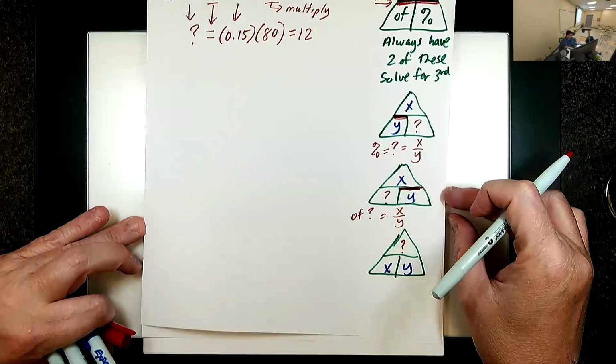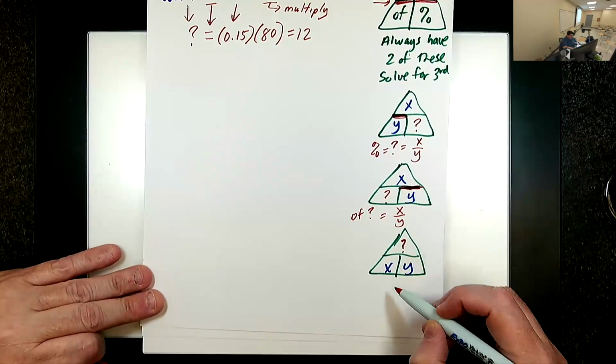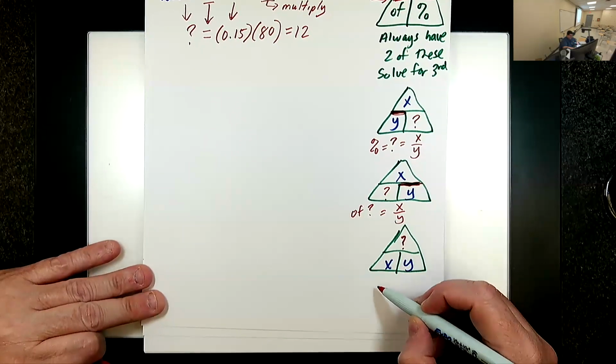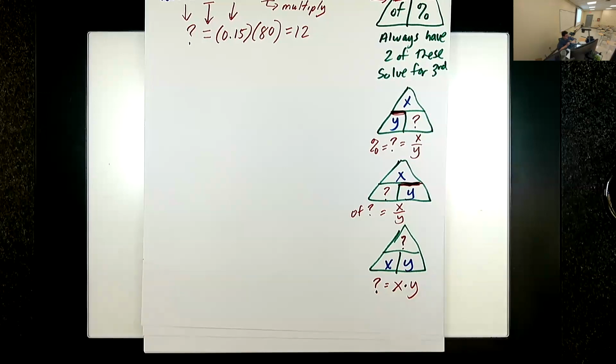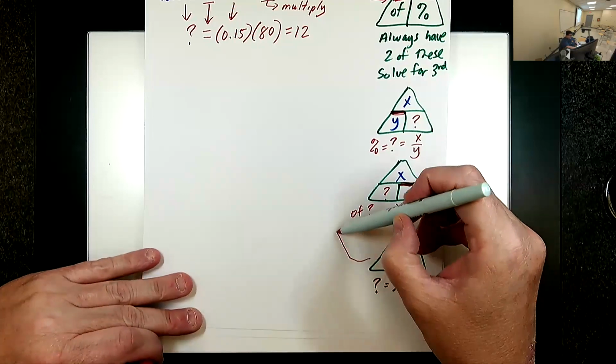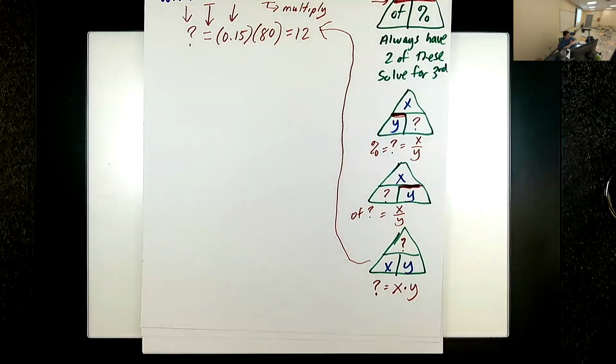If the question mark is on top, these are side by side. This acts like multiply. And you'll notice that's what we did here. So rather than disassembling the word sentence and trying to interpret what it means, you can do this is of percent triangle and go a little bit faster.